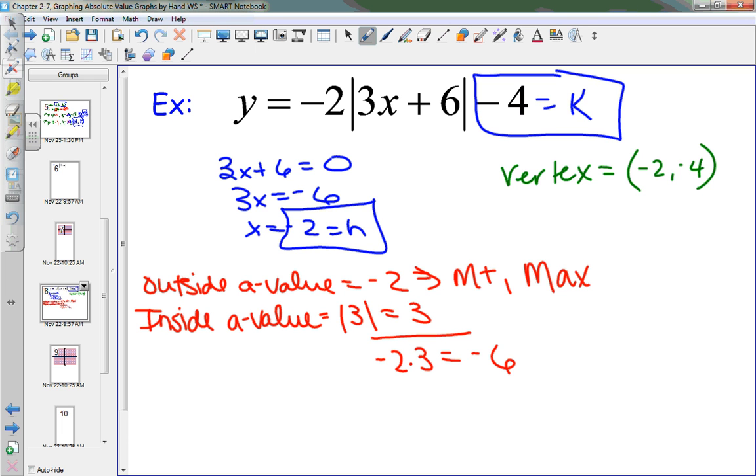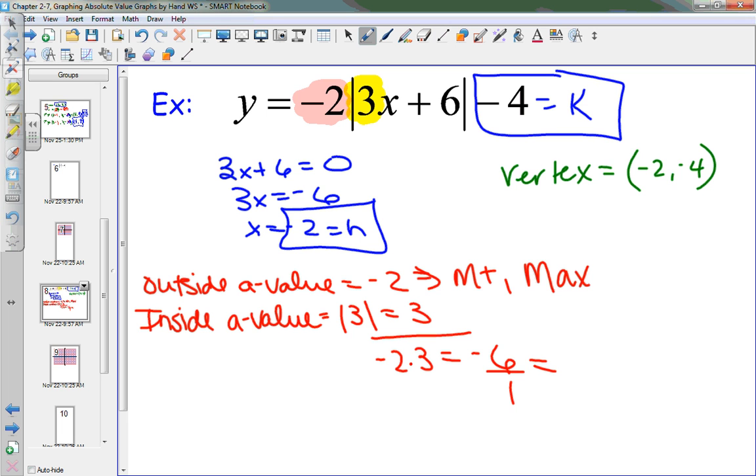Now, is that a fraction? What's the absolute value of 3? Outside a value, inside a value. Okay? Now, how do I make that into a fraction? Put it over 1. Now, since I have a max, what am I going to do with my 6? Am I going to go up or down?